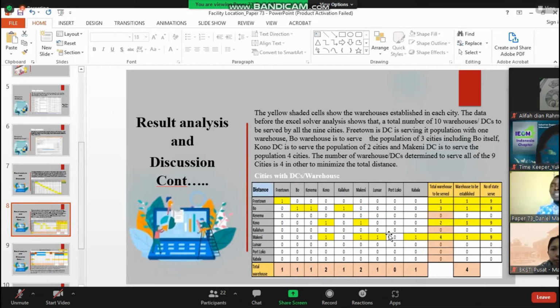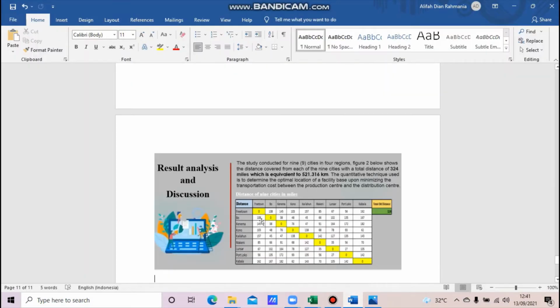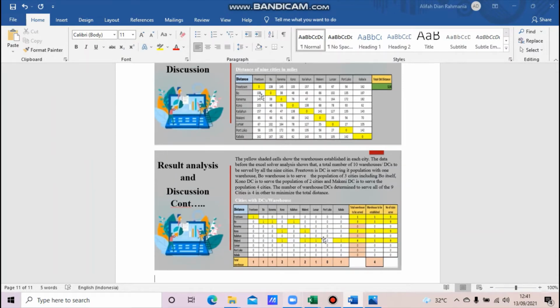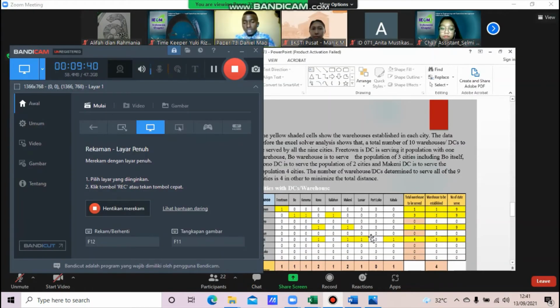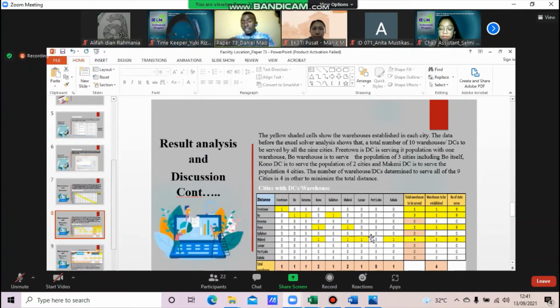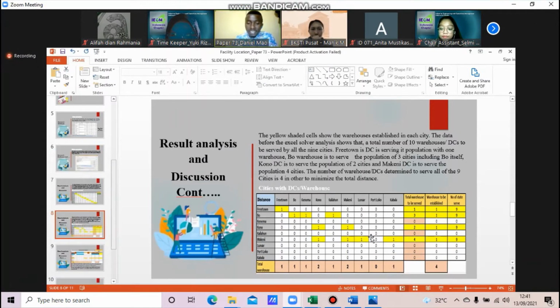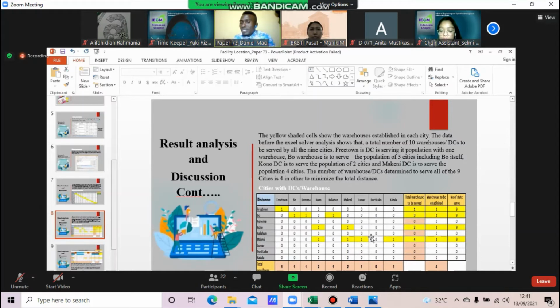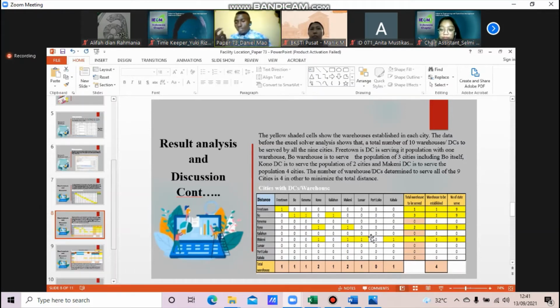This is huge and exorbitant, because the underlying problem is that we don't have distribution centers, only a production center in Freetown, the capital city, and we must consider the distances to be covered by all the other cities in the 4 main regions. Here we see Freetown serving the population with 1 warehouse, the Bo warehouse serving 2 cities, and the Makeni distribution center serving 4 cities. So the number of warehouses determined to serve all 9 cities is 4.